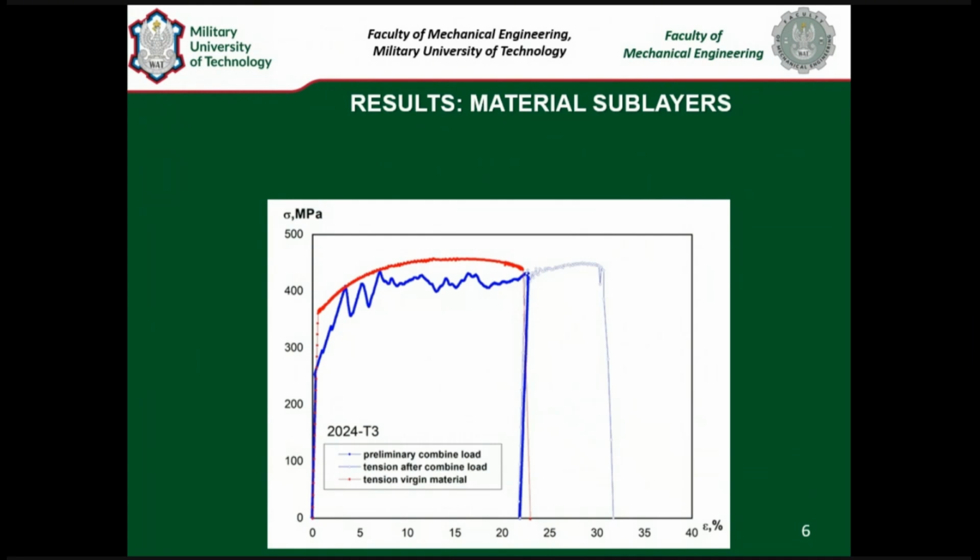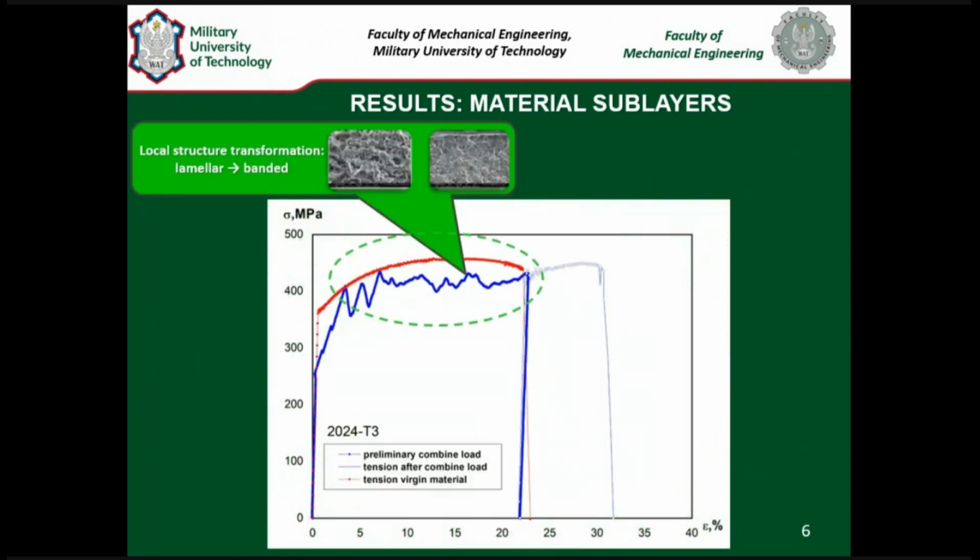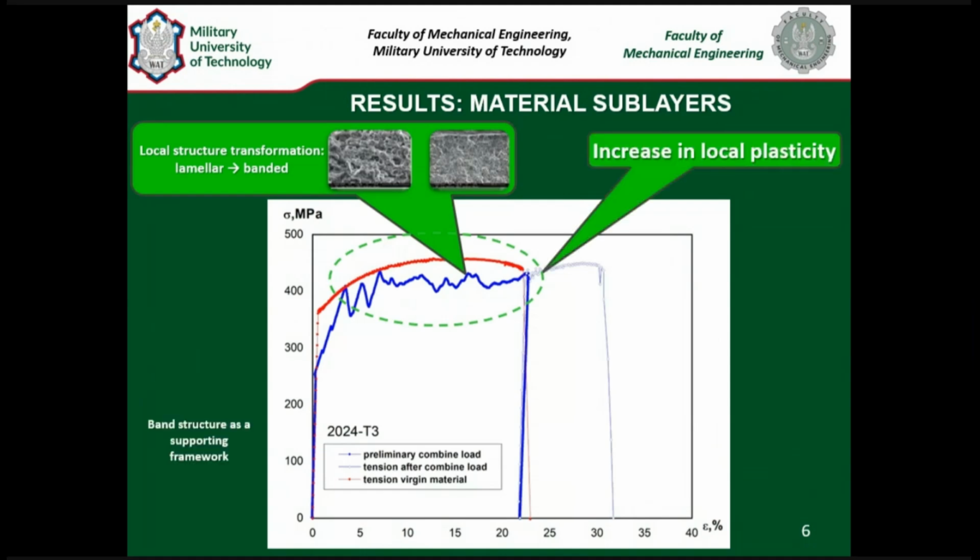Compared to static load, we have a more plastic material. For these alloys, the maximal result is up to 20% more plastic. How does the structure change? The general change is the transformation of the local volume structure from laminar to bending, increasing local plasticity.